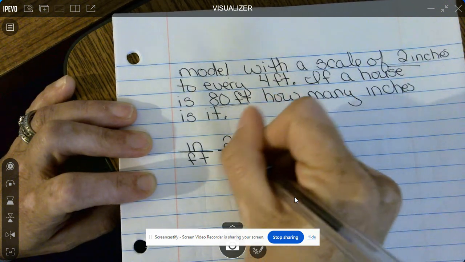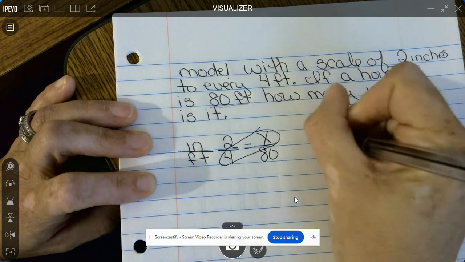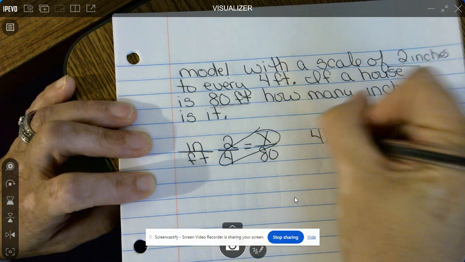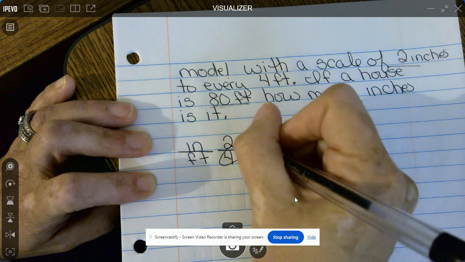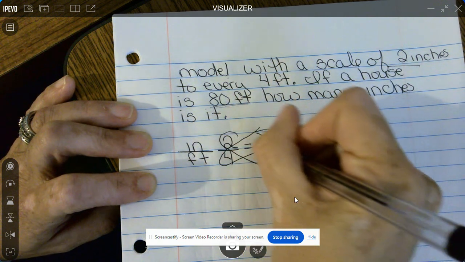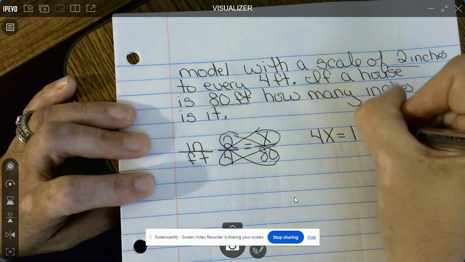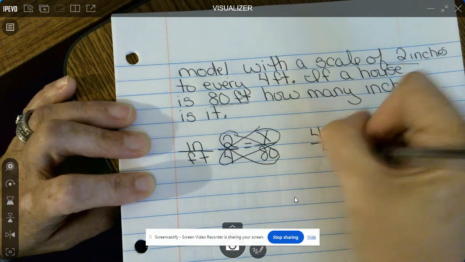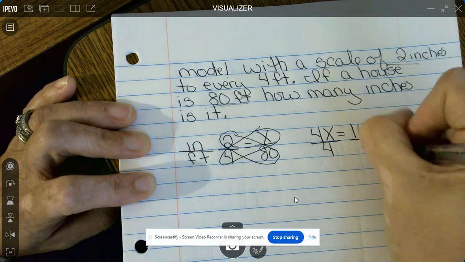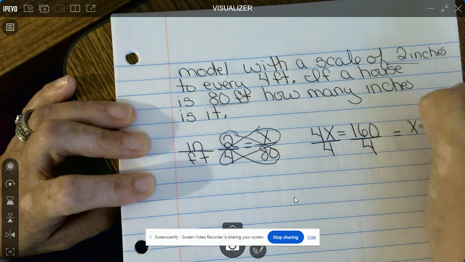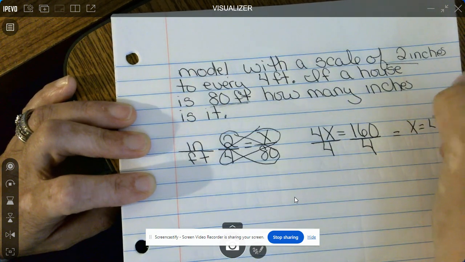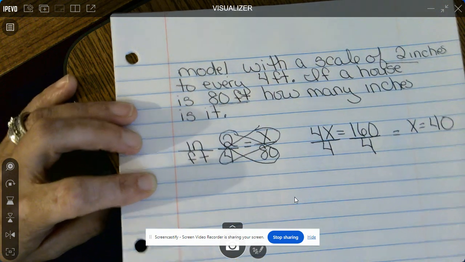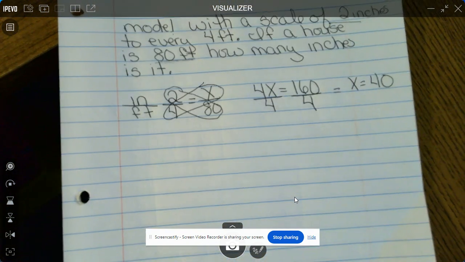From here we cross multiply. 4x, and cross multiplying the other line, you get 160. Divide each side by 4, because it's the opposite of multiplication. We want to get x by itself. So x equals 40 inches. Boom, and you're done. Good.